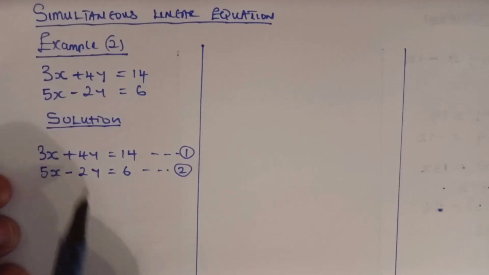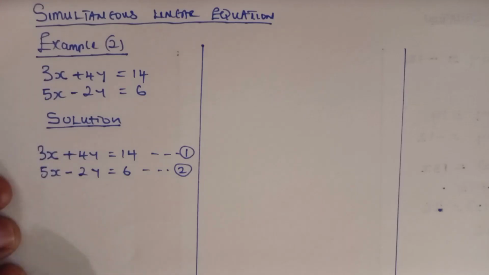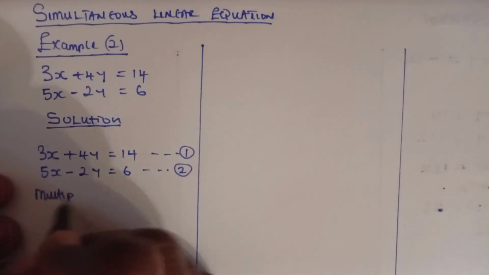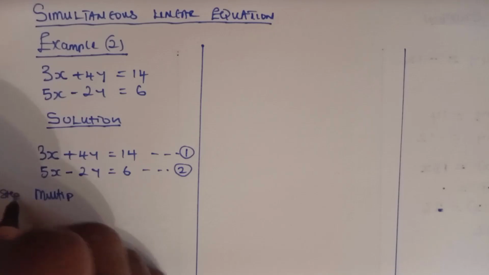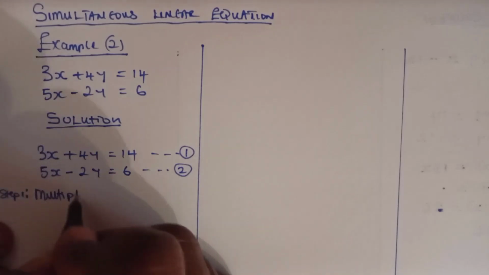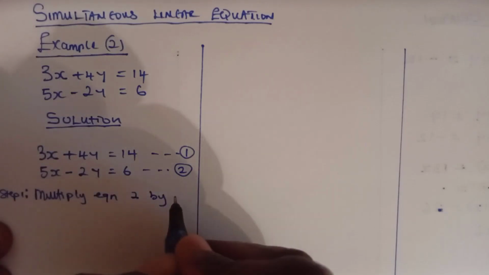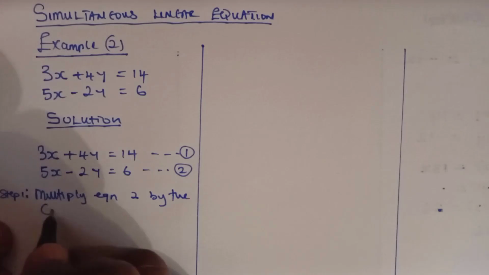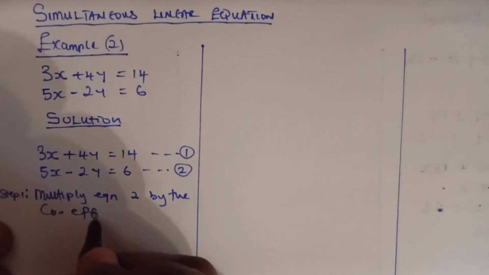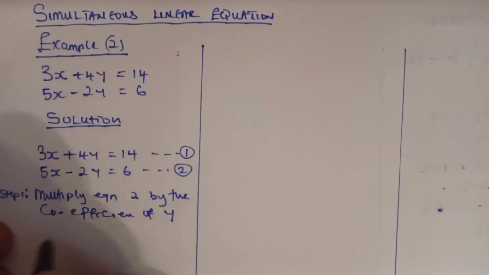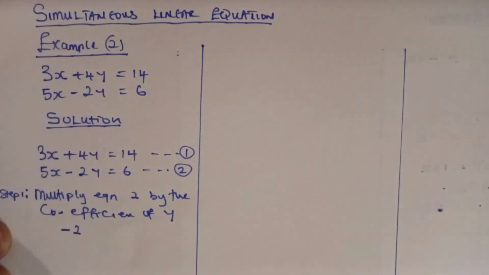So for us to make the coefficient of y the same, we have to multiply. So what can we do? We can multiply through by 2. So the coefficient of y here, we're going to multiply equation 2 now. Let's say this is step 1. Multiply equation 2 by the coefficient of y, and the coefficient of y is negative 2, right?